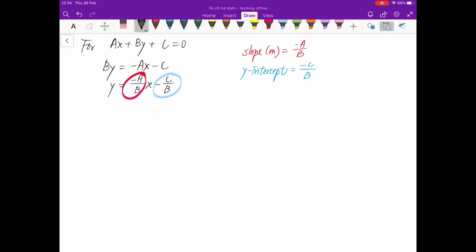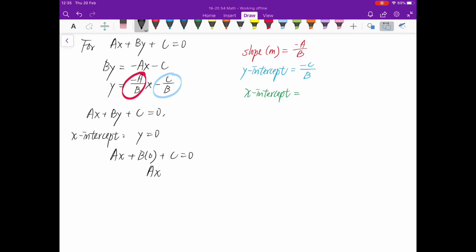And finally, we want to find the x-intercept. We will use ax plus by plus c equals 0 again. For the x-intercept, we put y equal to 0. Therefore, ax plus b times 0 plus c equals 0, and ax equals negative c.